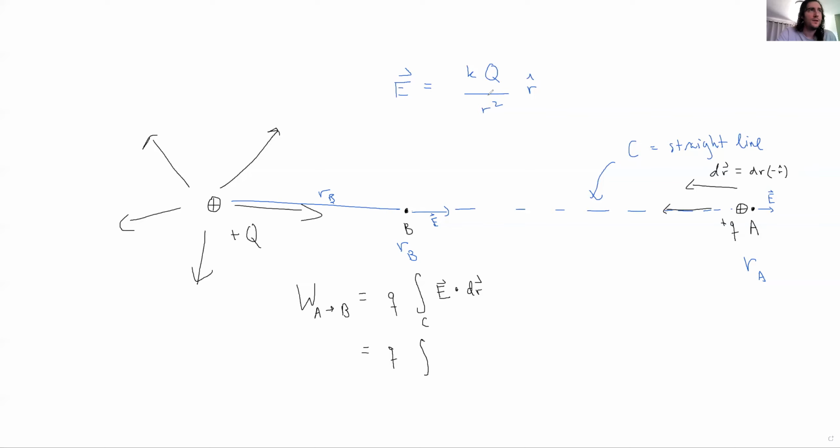For the electric field, we can plug in the k q over r squared times r hat. Then we have a dot product here between dr and minus r hat.